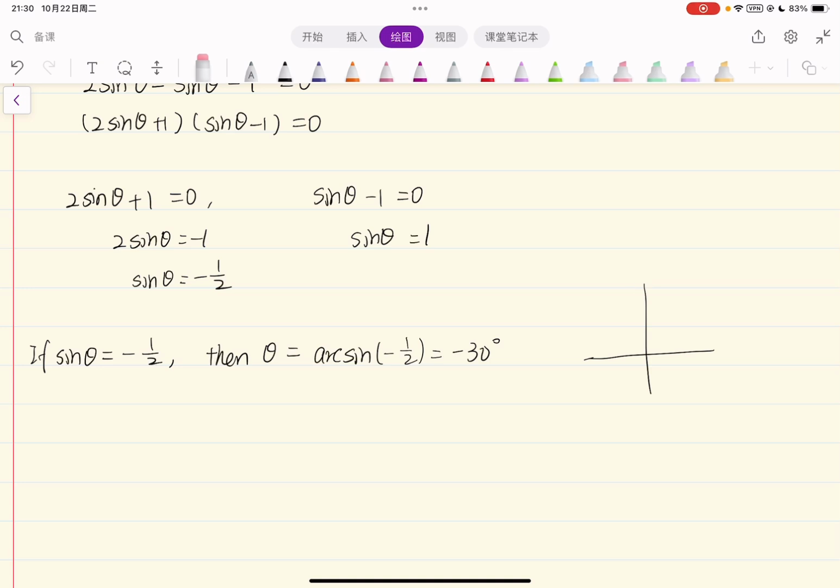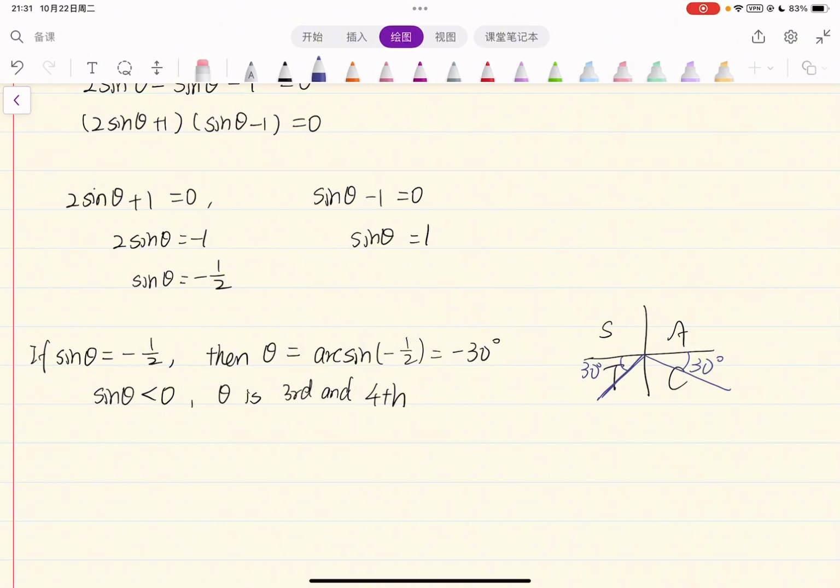Using the CAST diagram, we see that sine theta is negative, so theta should be in the third and fourth quadrants. Here is another 30 degrees.